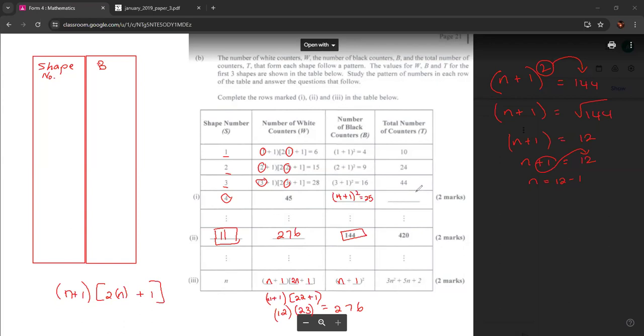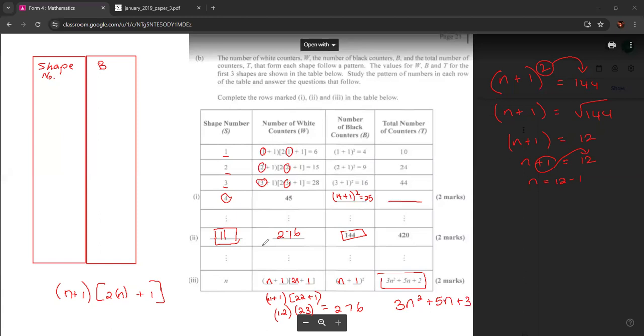Now they want to know the total number of counters if the figure number is 4, but they already gave you the formula. So all we have to do is just to substitute 3n squared plus 5n.